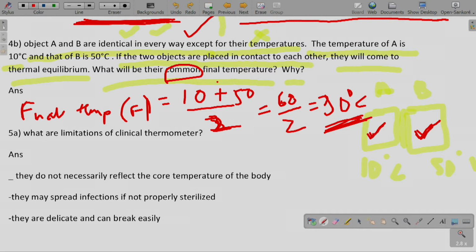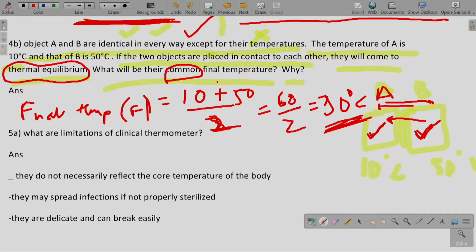It means heat has been transferred in such a way that all bodies now possess the same kind of energy, heat energy. From the 50 centigrade body, some of the heat has been transferred to body A, and now they have reached a state whereby they all have the same temperature. That is they have reached thermal equilibrium.